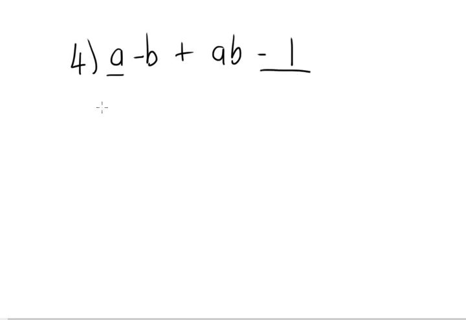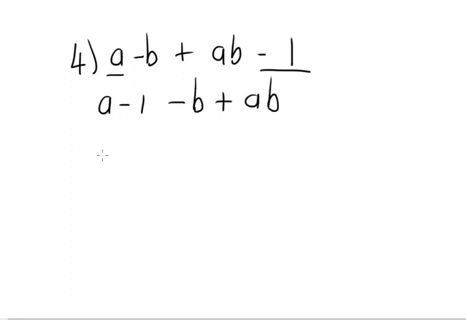Number 4, I've got a minus b plus ab minus 1. So in this case over here, what could possibly work is if I put the a and the minus 1 next to each other. Remember, it's about grouping.